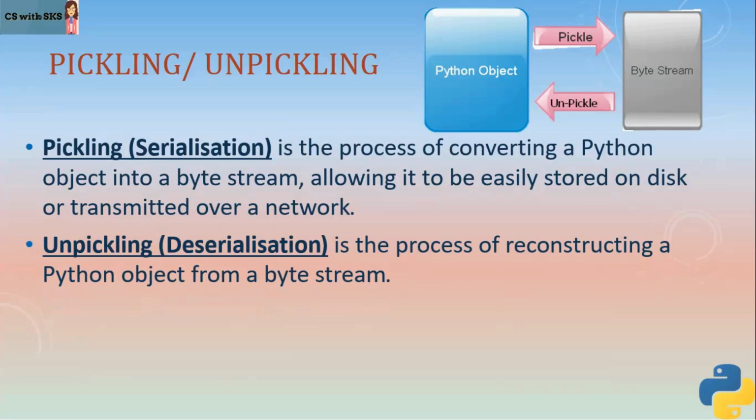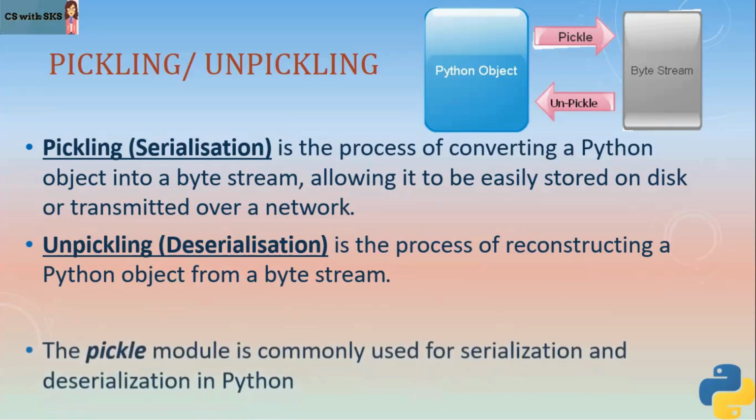Python object means a list or a dictionary or any other Python object you want to use. So that is also known as serialization and deserialization, right? So pickling, converting Python object into byte stream, and unpickling, process of reconstructing a Python object from a byte string.